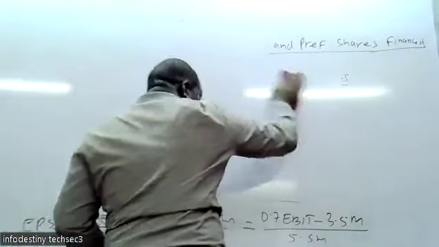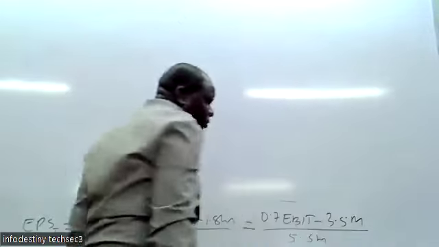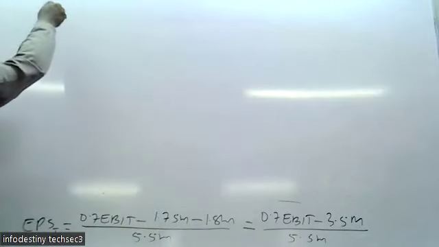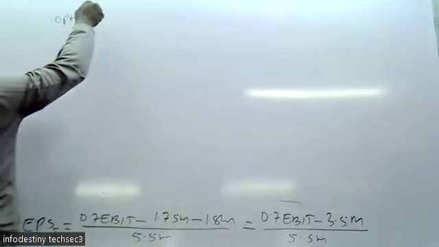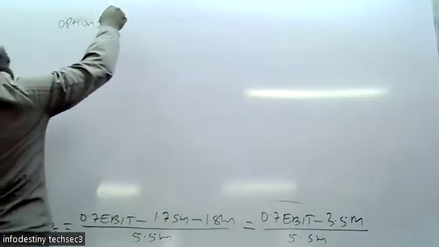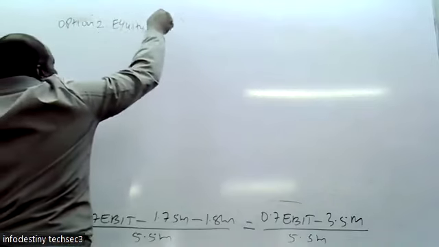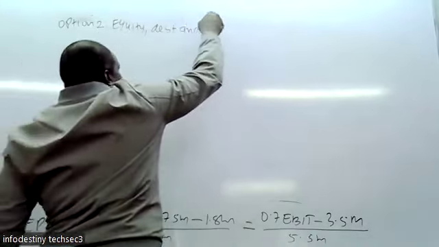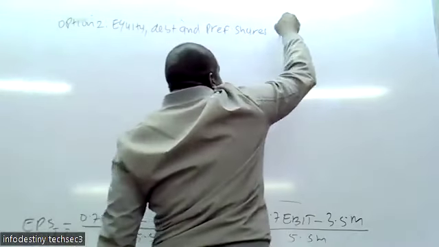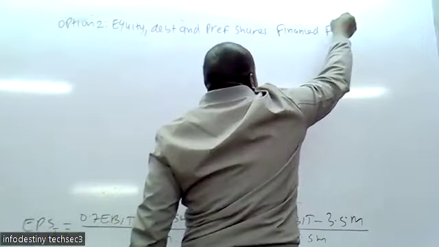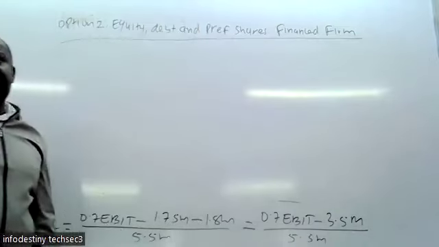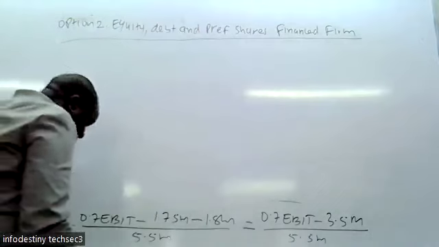Under option 2, it is equity, debt, and preferred shares financed.